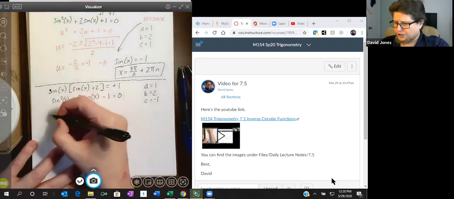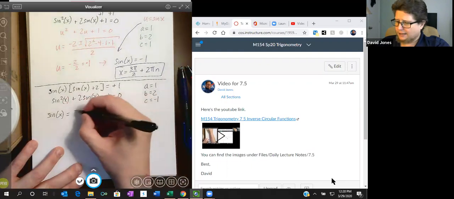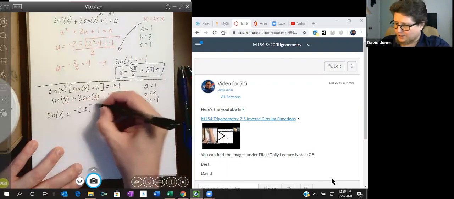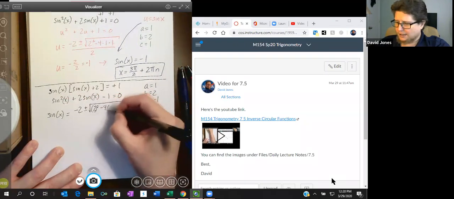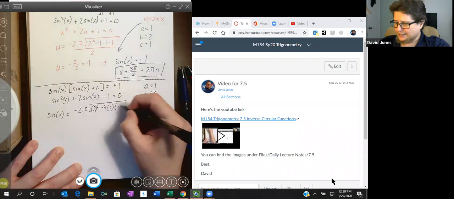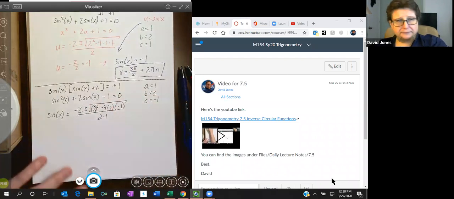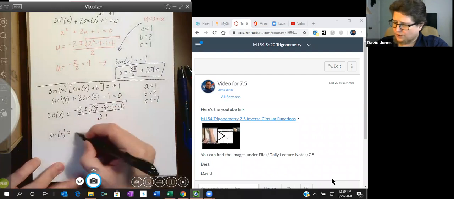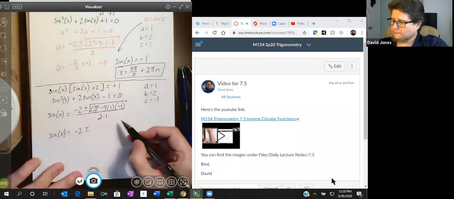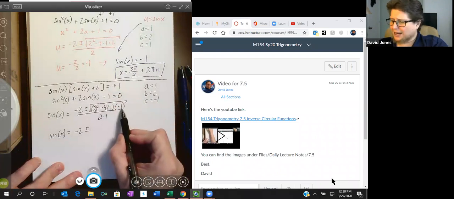And my u, which equals sine x, is negative b plus or minus the square root of b squared minus 4 times 1 times c, where c is negative 1, all over 2 times 1. Sine x equals negative 2 plus or minus the square root of, 2 squared is 4, negative 4 times negative 1 is positive 4.